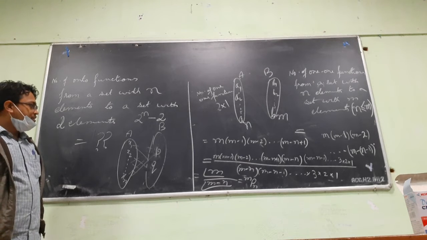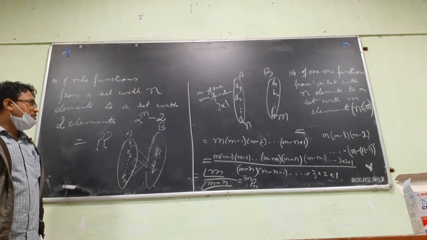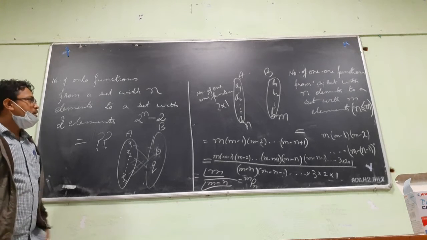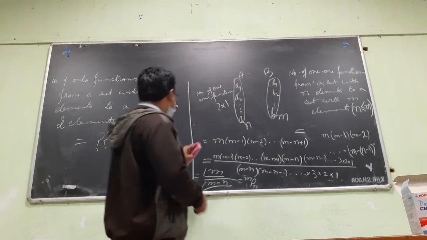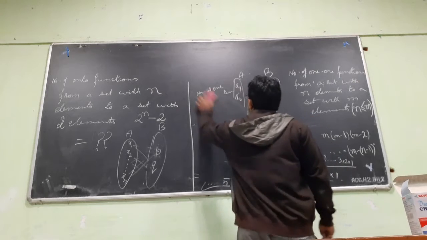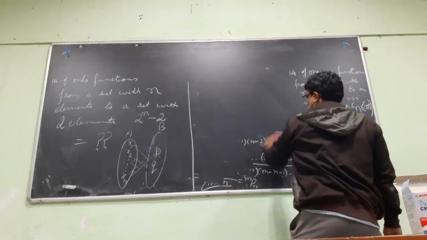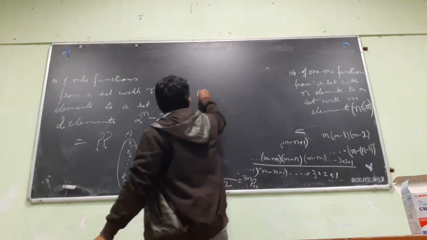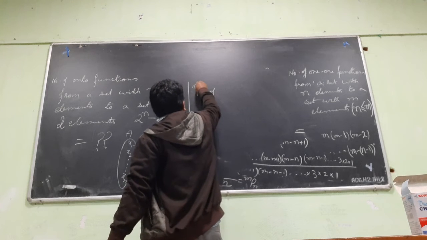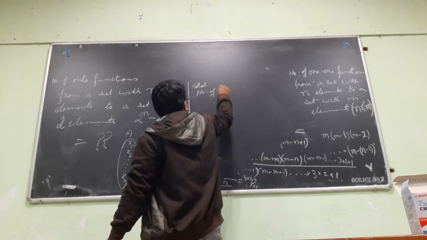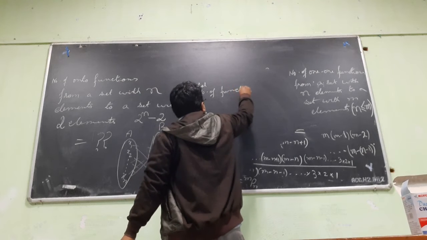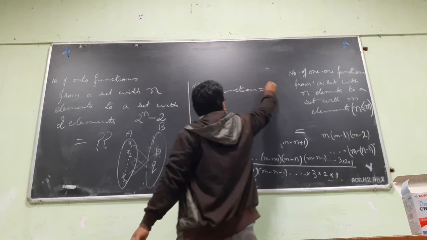Other than these two functions, every other function will be onto. Right? So it's 2 to the power n minus 2. How did I get it? The total number of functions is equal to 2 to the power n.